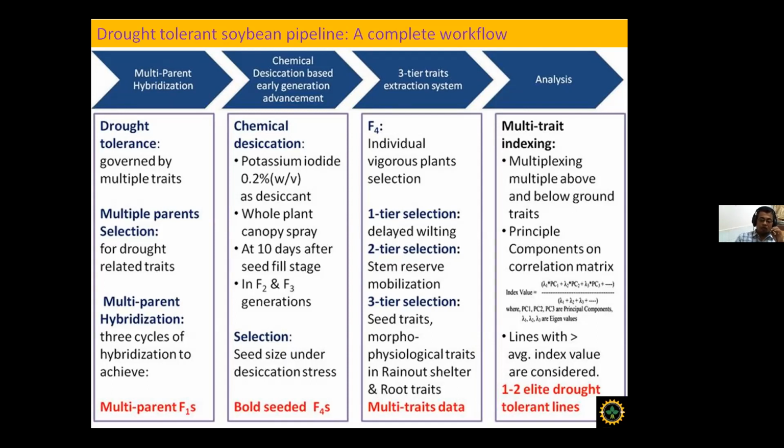So we go for multi-trait indexing, where multiple above and below ground traits are multiplexed using principal component analysis on a correlation matrix using SAS software, and lines with more than average index value, that comes normally to 0, and anything above that average index value are considered elite drought tolerant lines.